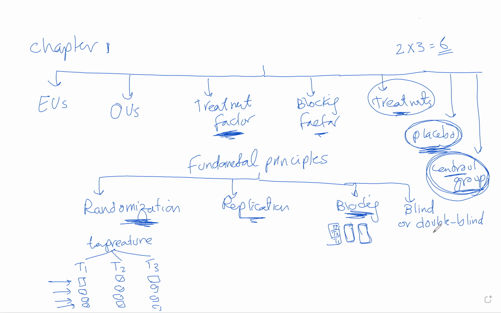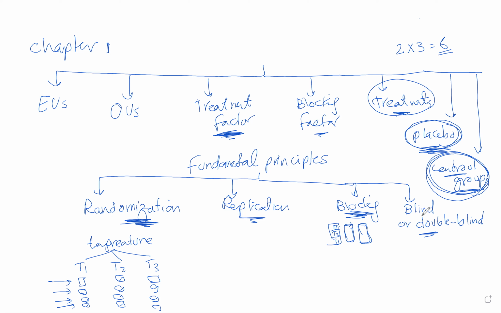The fourth one, which is the last one, is blind and double blind. The experiment should be blind if I can make it blind, because sometimes I will not be able to hide the treatments from the participants, since I have to show the treatment to them. But sometimes I can hide the treatments, or I can make all the treatments similar to each other, so the participants will not be able to tell which treatment they received.